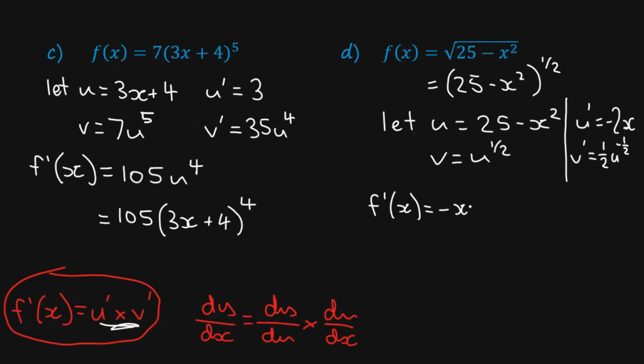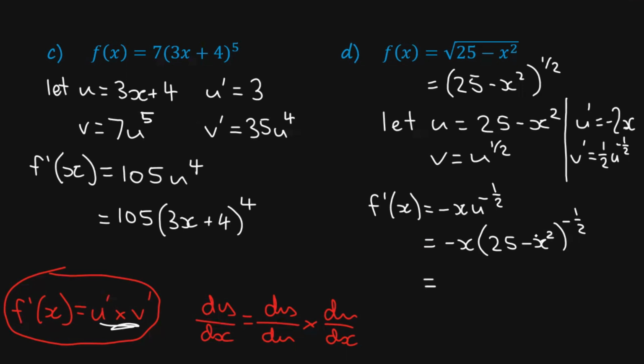And then u to the power of negative a half. Now what I can do is replace that u. So we're going to go minus x, and then we've got u is equal to 25 minus x squared, just like that. And then we have minus a half.